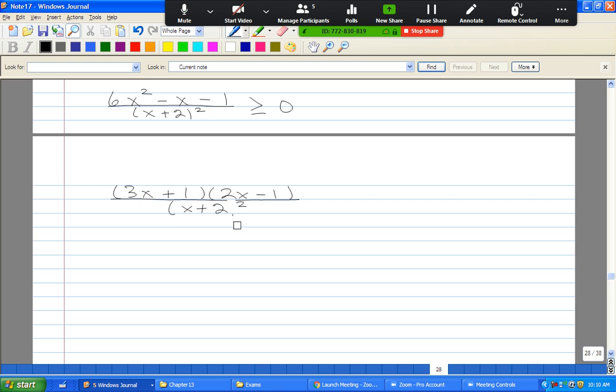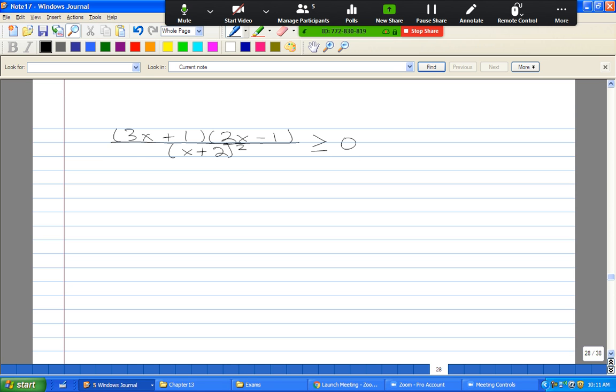And let's check if I factored it correctly. 3x times 2x is 6x squared. 3x times negative 1 is negative 3x. Plus 2x is a minus x. 1 times minus 1 is minus 1. So I factored this completely. So it's now in factored standard form. So let me try to determine my critical numbers.